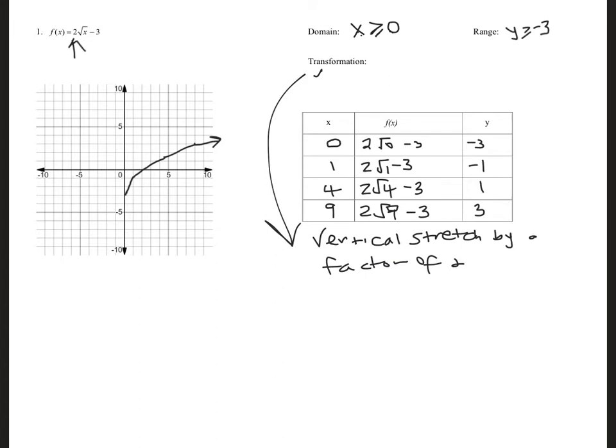And then the other transformation we have is 3 units down. 3 units down, that's a vertical shift. Okay, so those are the transformations.